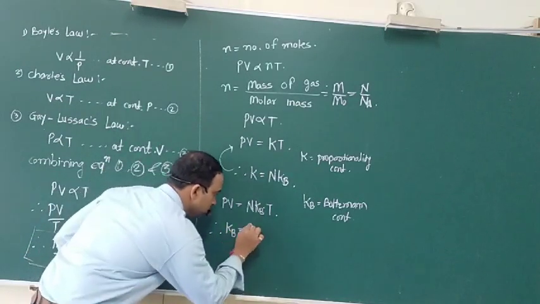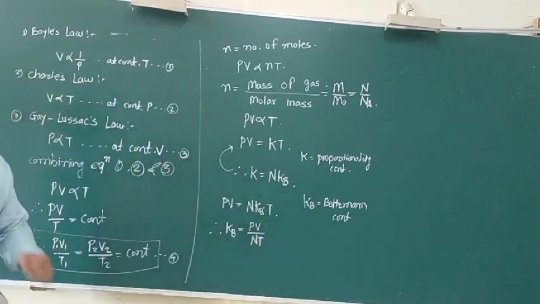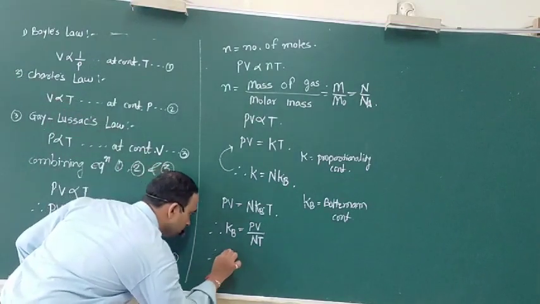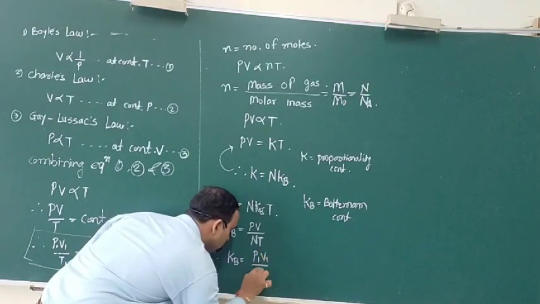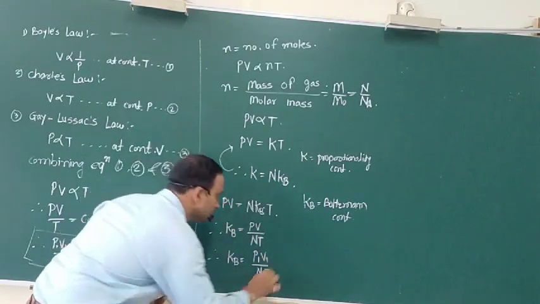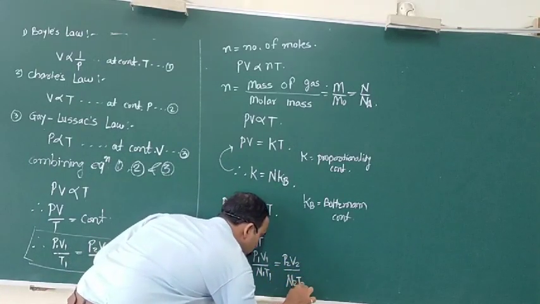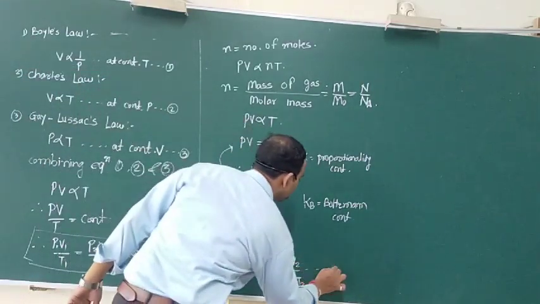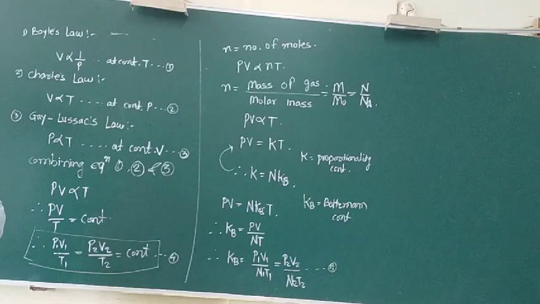Boltzmann constant Kb is equal to PV upon NT. Therefore, Kb is equal to P1 V1 upon N1 T1, which is equal to P2 V2 upon N2 T2. This is equation number 5. This is called the Boltzmann constant.